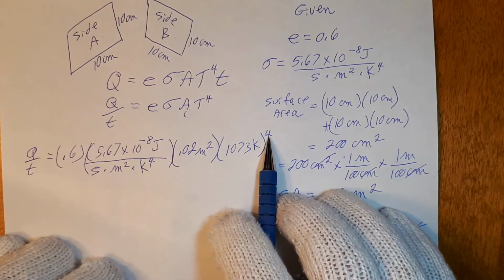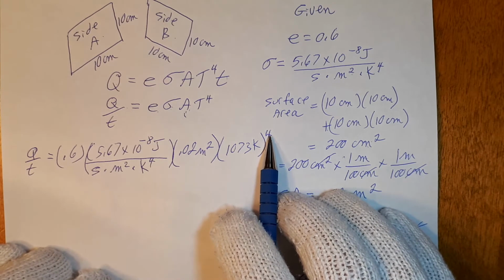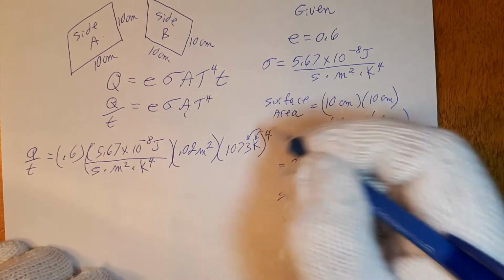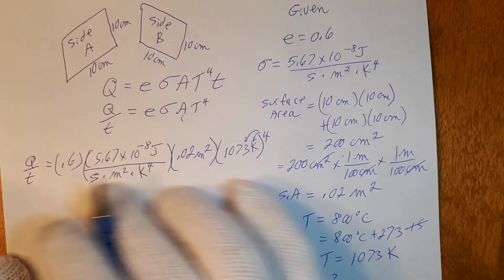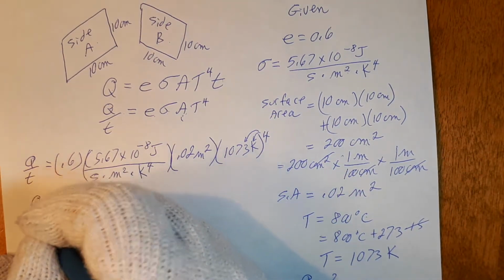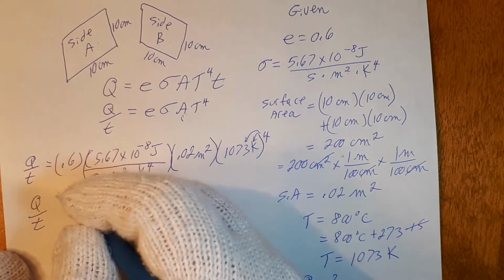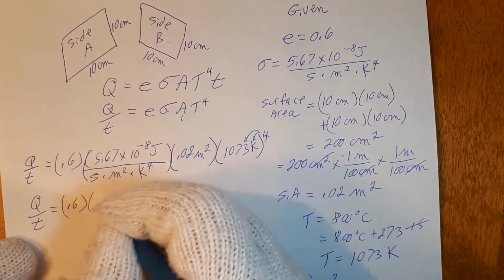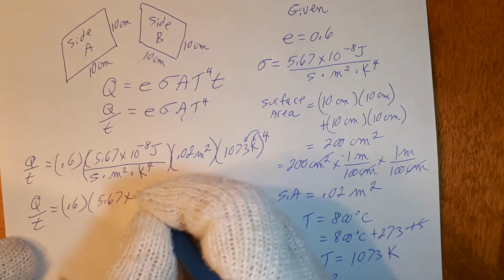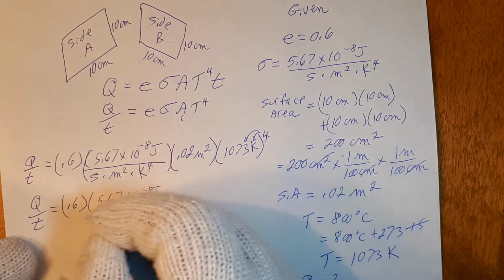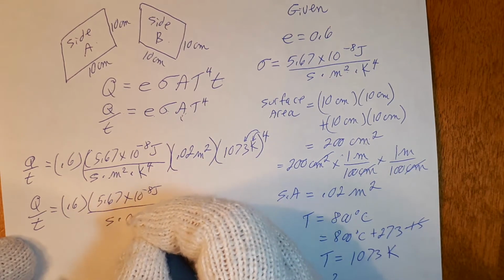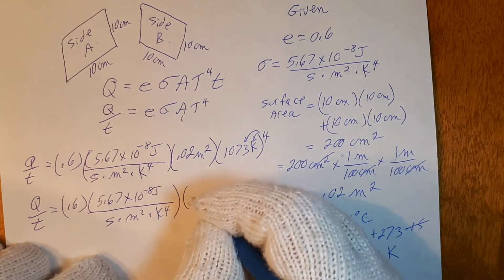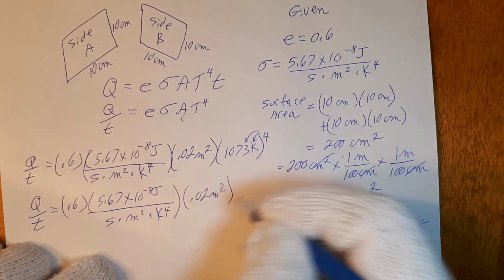We need to remove this power. In order to do that, this 4 operates on the number as well as the units. And it will look like this. I'll just rewrite the whole equation again. The rate of radiant energy is equal to 0.6, 5.67 times 10 to the minus 8 joules per second meter squared Kelvin to the 4, 0.02 meters squared.